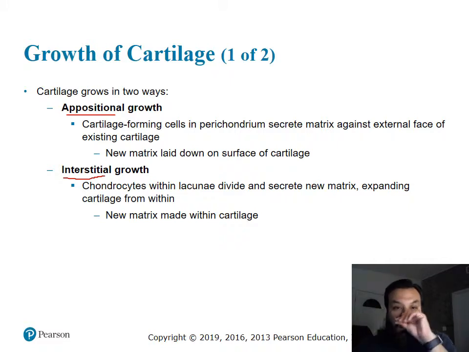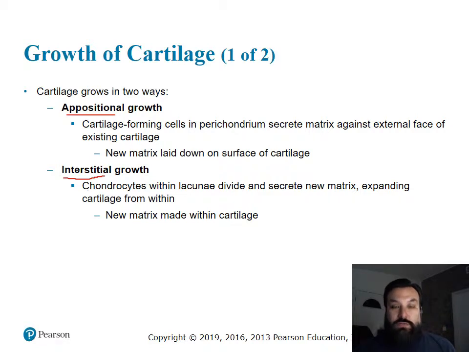In appositional growth, you have the cartilage forming cells in the perichondrium. They are the ones that secrete matrix, and they secrete that against the existing cartilage. So we see new matrix being laid down on the surface of the cartilage. Interstitial growth comes from another cell.